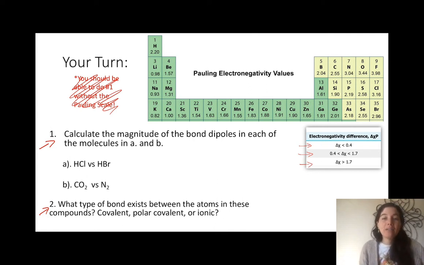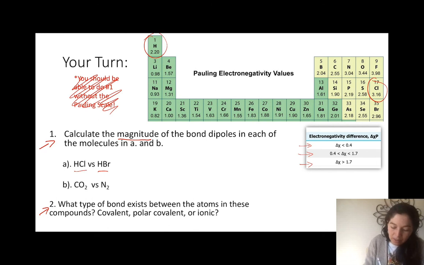Let's take a look at the answer to this problem. So we have HCl versus HBr. Let's look at the magnitude of these bond dipoles. So hydrogen's up here, and we've got Cl here. We're going to take the difference between these values. I always like to start with the larger one so I can get a positive value and I'm not ending up with negative values at the end of the day.